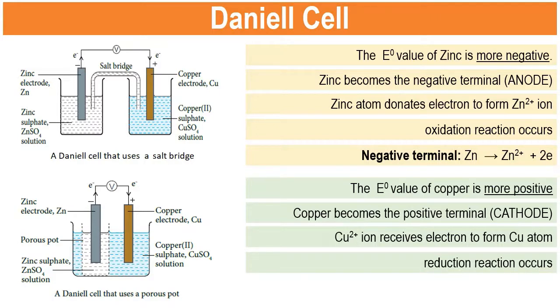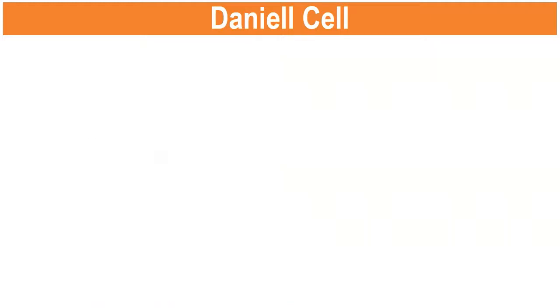The reduction reaction occurs and the half equation at this electrode is copper ion receives 2 electrons to form copper atom. Every time we see the half equation, we must bear in mind that after all, we have to write the full ionic equation. Same with the process in Daniell cells, voltaic cells or simple chemical cells.